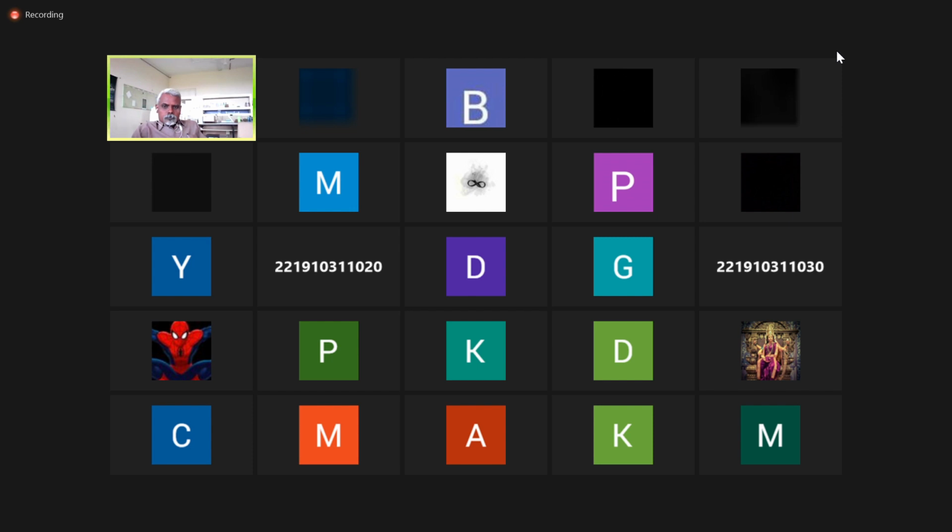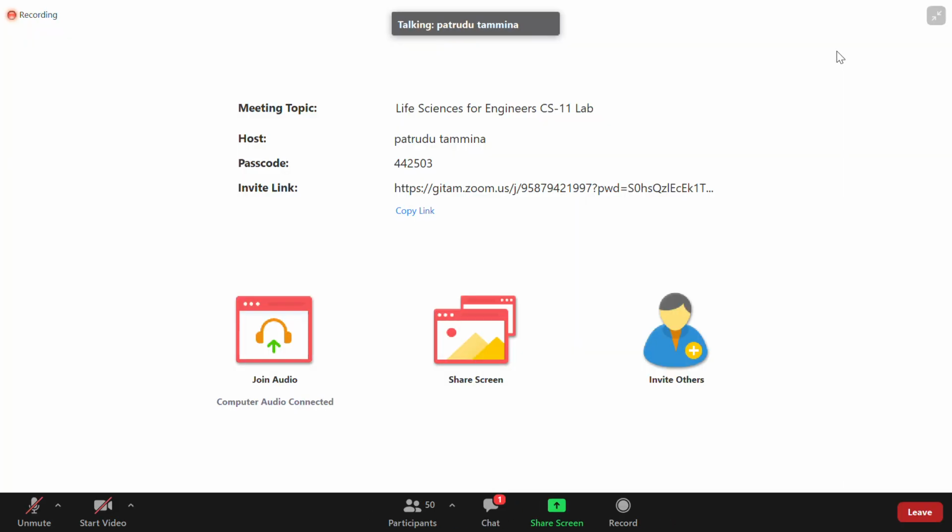Can I start the nitrogen cycle? Can you draw the microscope? If you draw the microscope, I will start a new virtual lab on the nitrogen cycle.